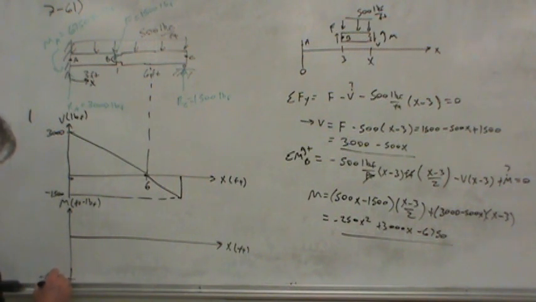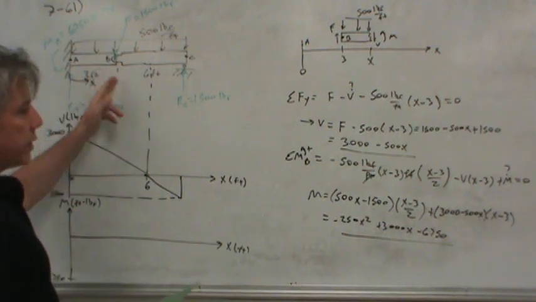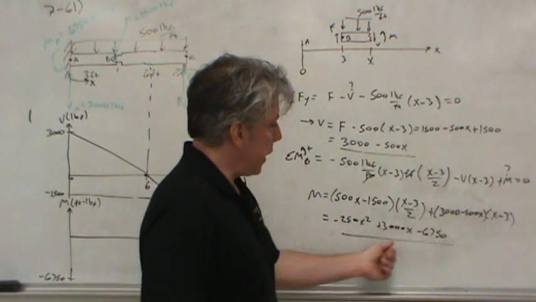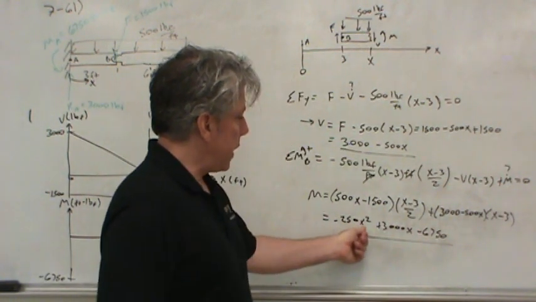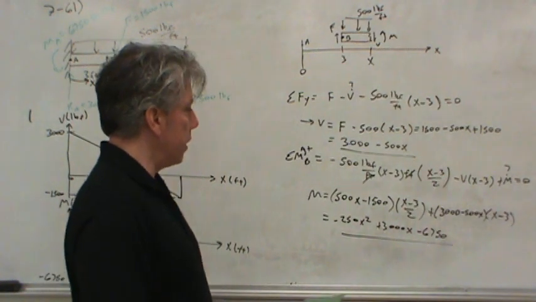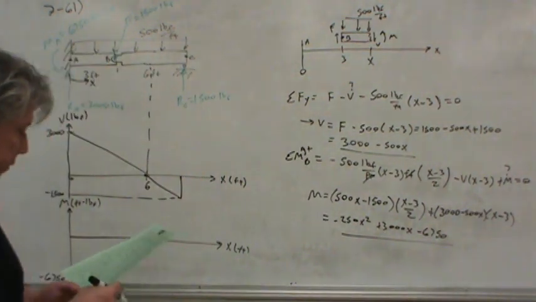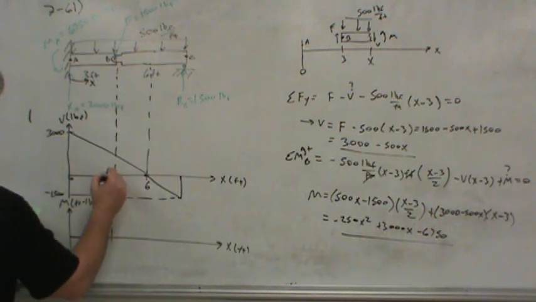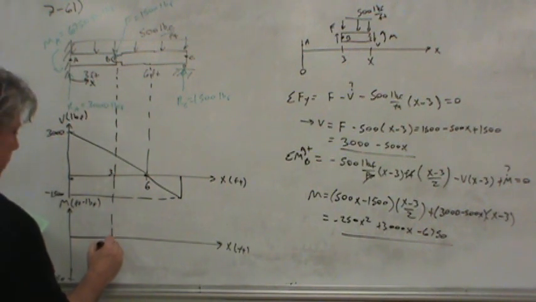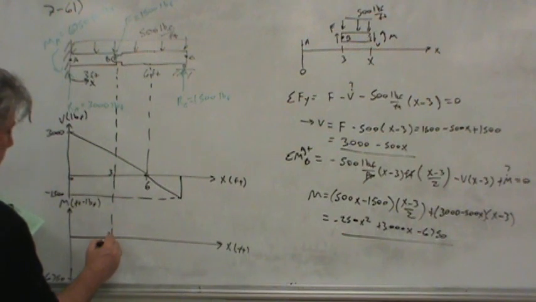Negative 6,750 foot-pounds. What about at x equal to 3? Remember, we said the moment should be 0 there. At x equal to 3, let's see, we have what? 9,000. 9 times 250. I'll let you do the math. It turns out it works. At x equal to 3 foot, the moment goes to 0.